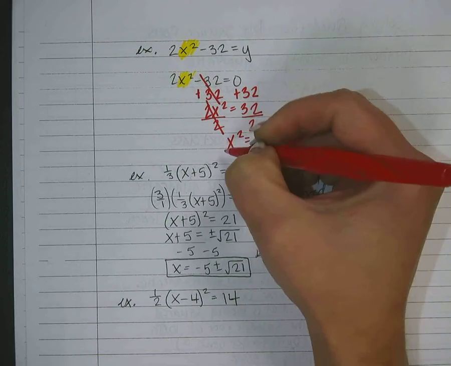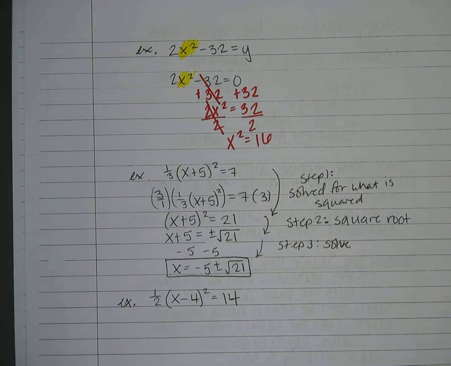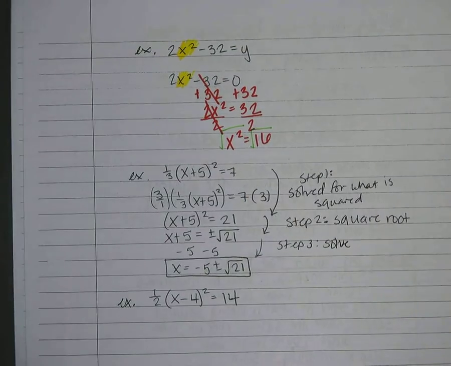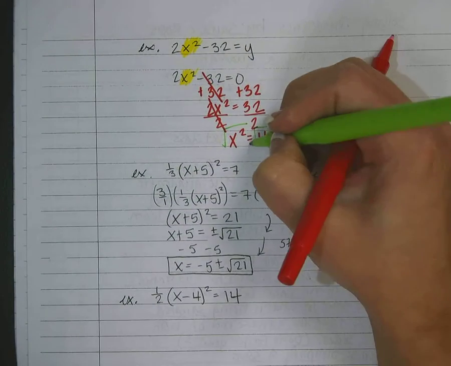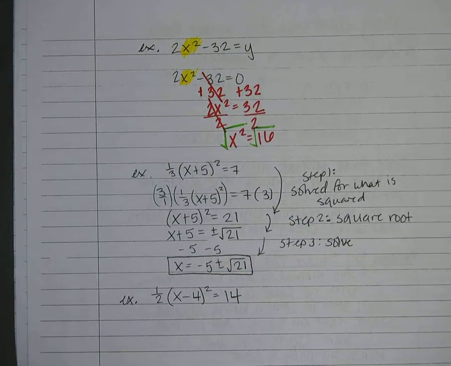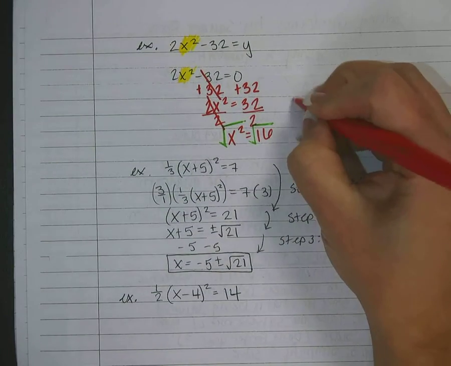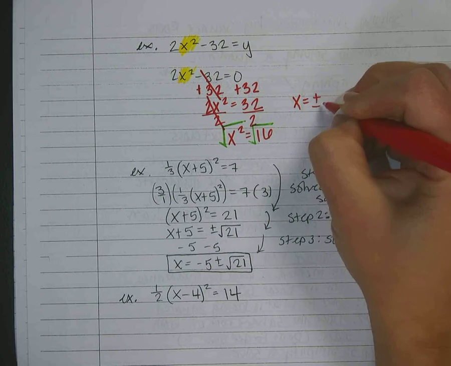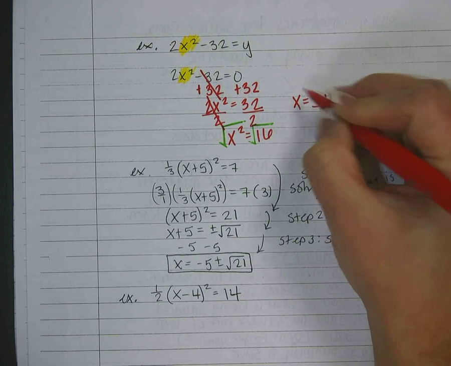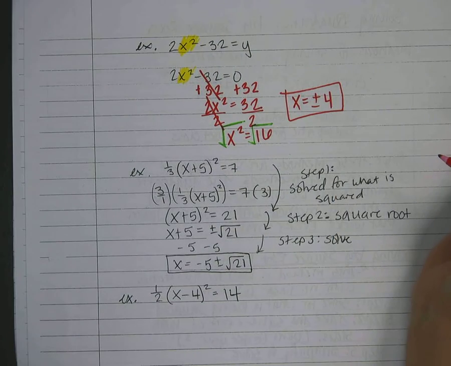Now I'm going to take the square root of both sides. There's a square root box. I guess I should do that in a different color. The square root of 16 is 4, but I need to do my plus and minus. So there's my final answer.